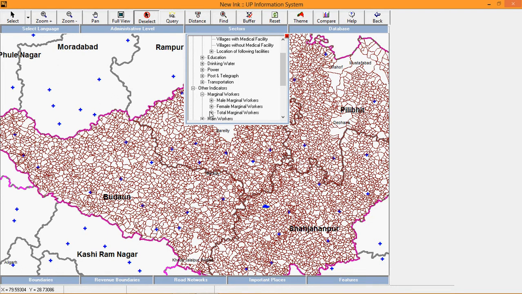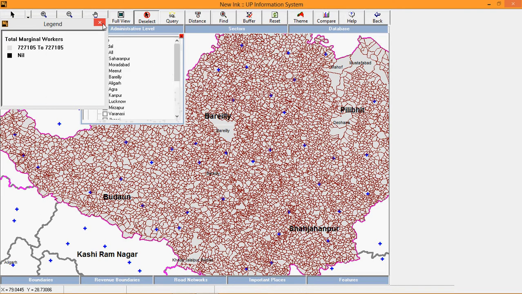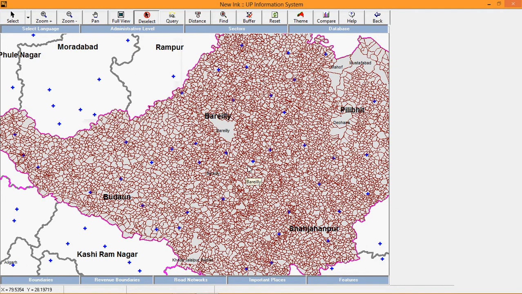So we can say where the total marginal workers are, how they are placed village wise. Right now this is not fetching the data village wise, which it should, but it is not fetching right now. This is how we have developed it.